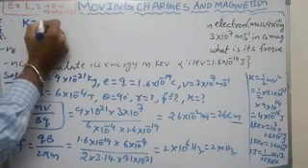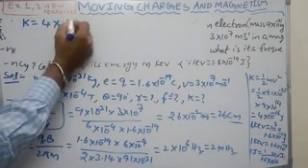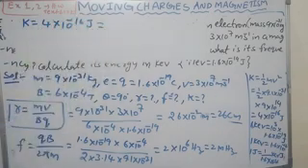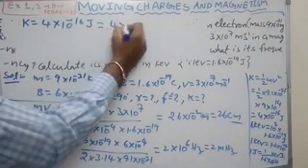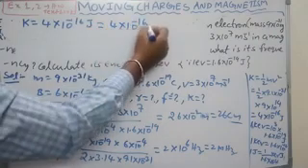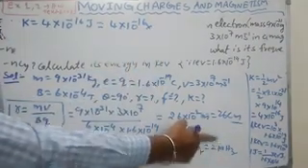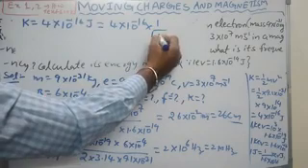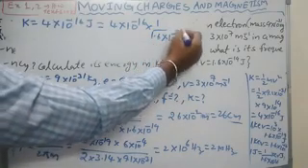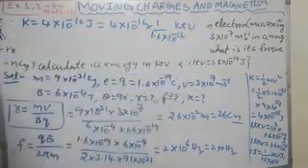Kinetic energy K is equal to 4 into 10 power minus 16 joules. This you can convert into kilo electron volt: 4 into 10 power minus 16 into 1 by 1.6 into 10 power minus 16 kilo electron volt.